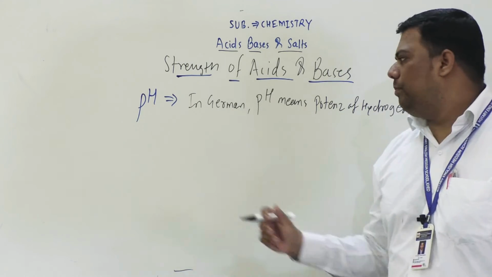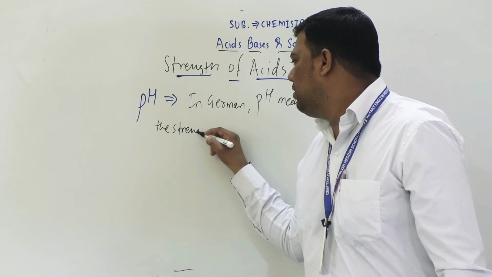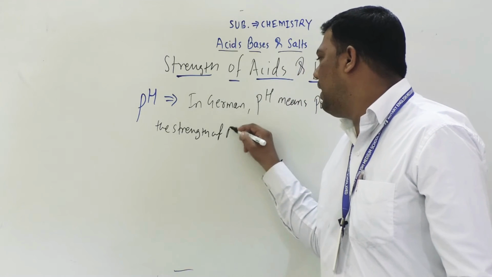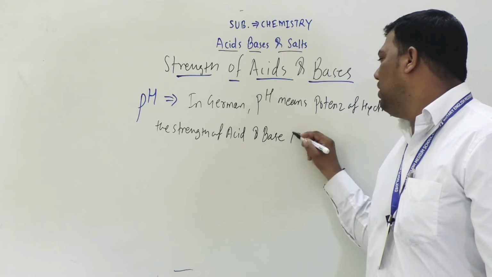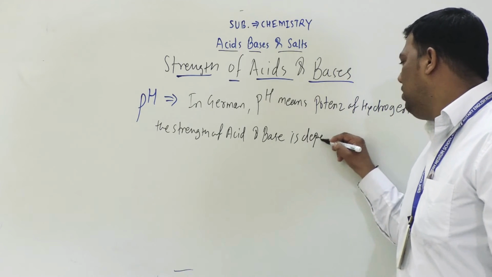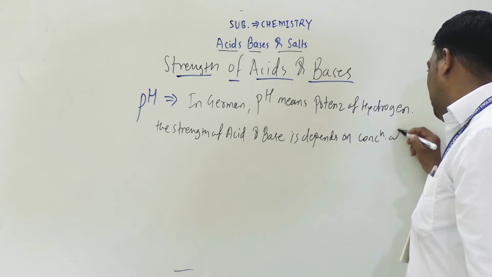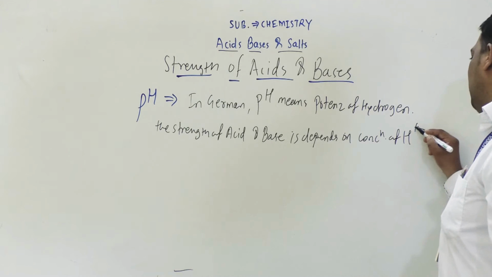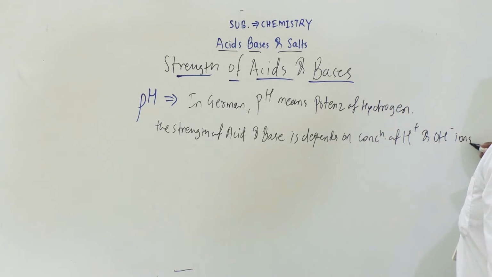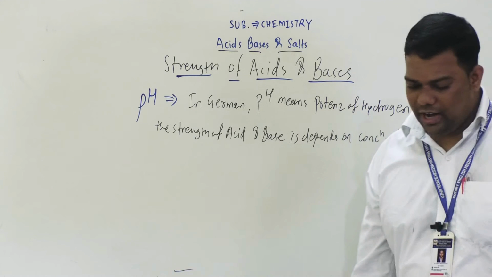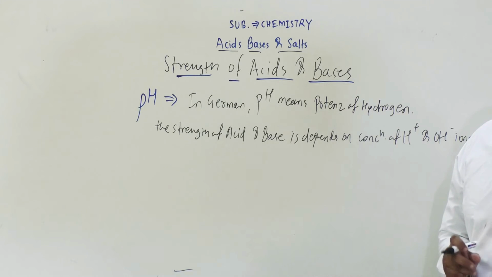And the strength of acids and bases depends on the concentration of H plus and OH minus ions.